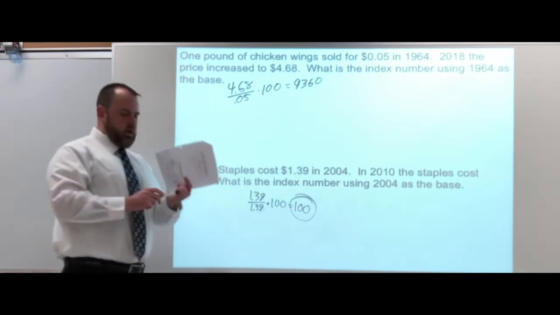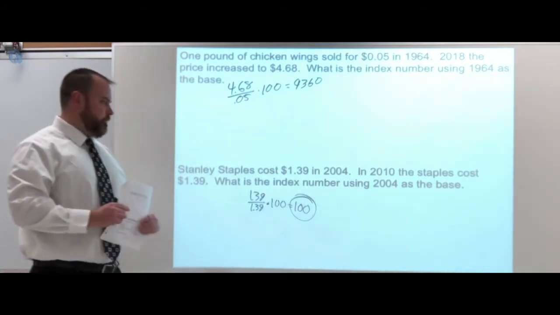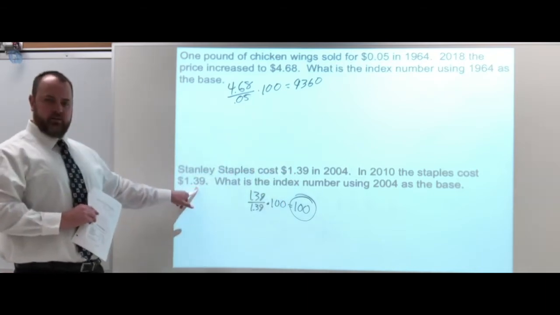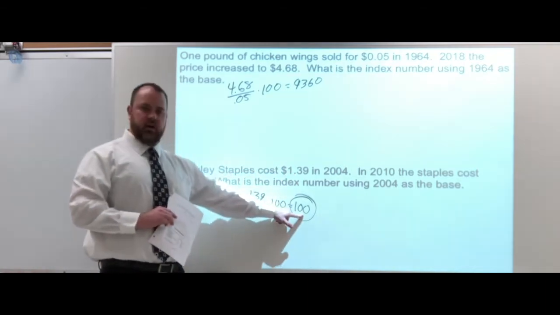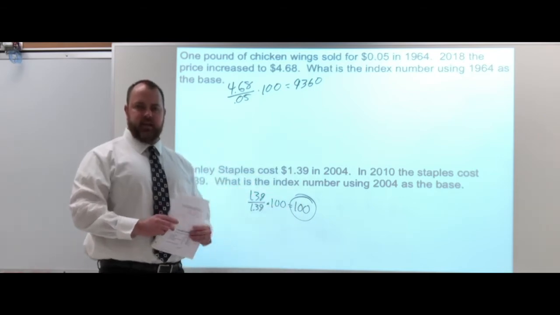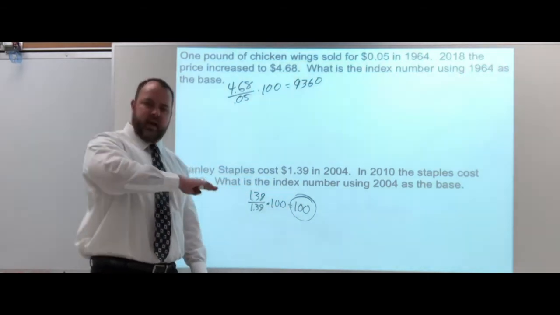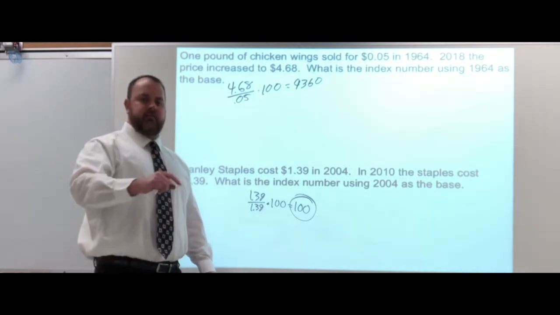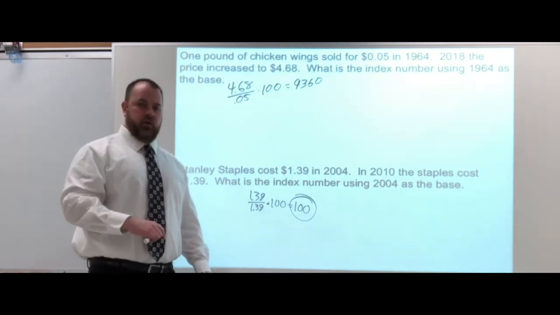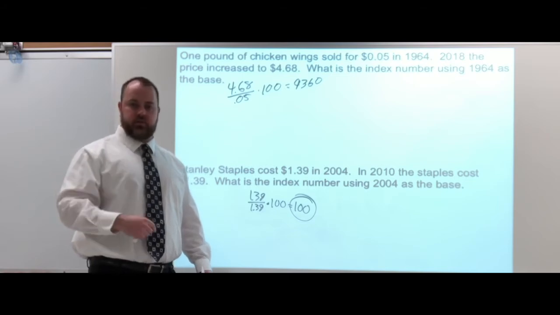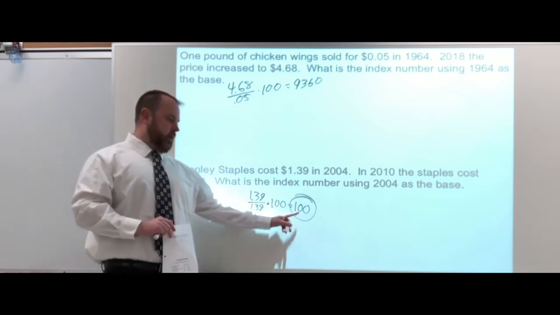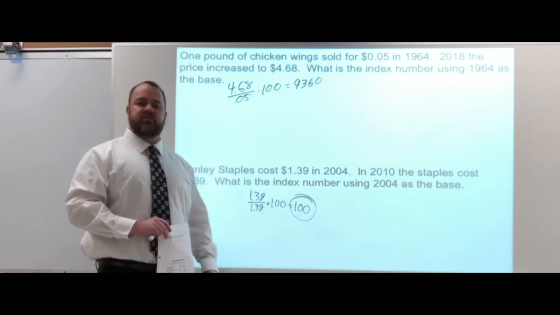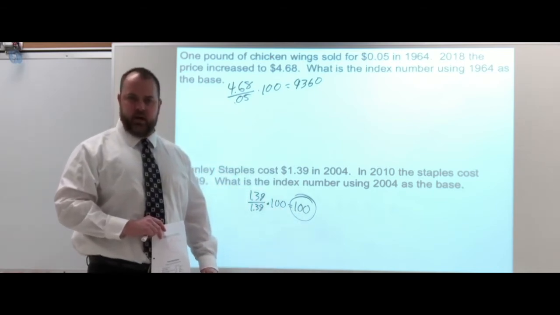So what does that 100 mean for the index number? Well, $1.39 in 2004, $1.39 in 2010, and our index number was 100. 100 is the baseline. If your index number is 100, that means it did not change. Any value above or below 100 means there's going to be change, either increasing or decreasing. If it's above 100, the amount it is greater than 100 is the percent increase for that product.